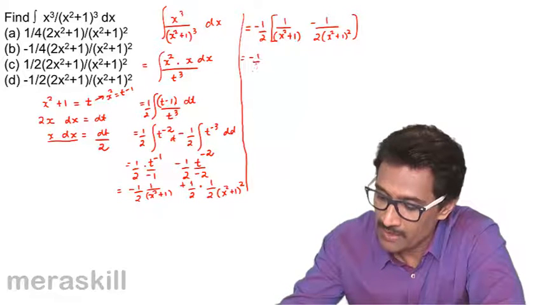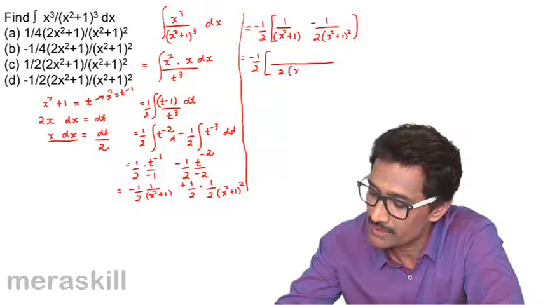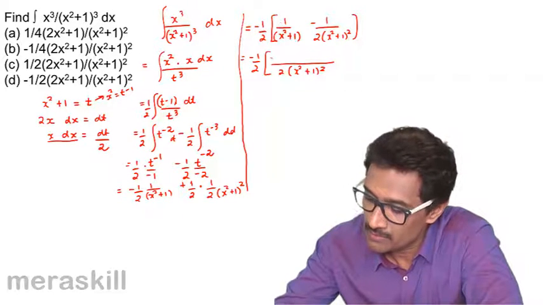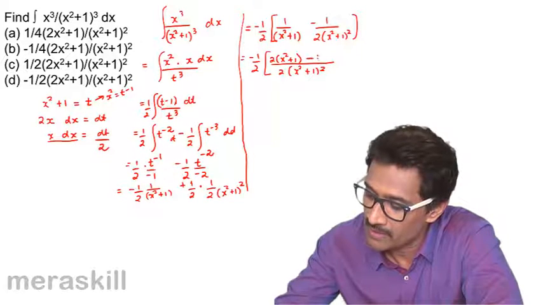So this could be minus half into LCM, which is x square plus 1 the whole square. So it's going to be here 2 into x square plus 1 minus 1.